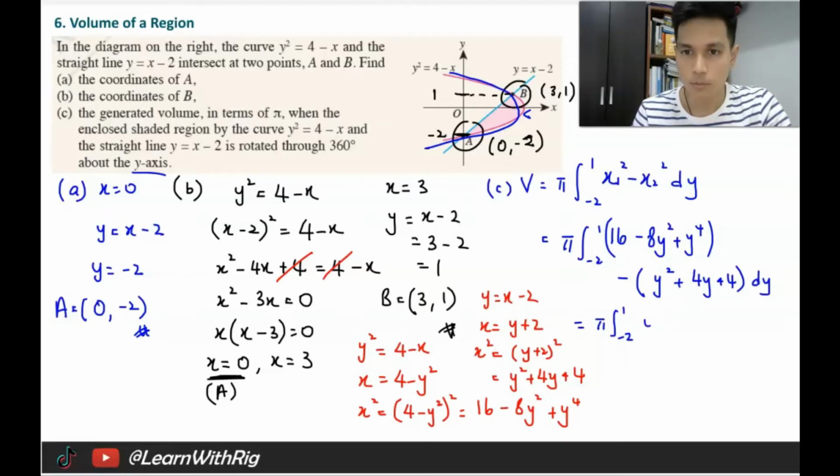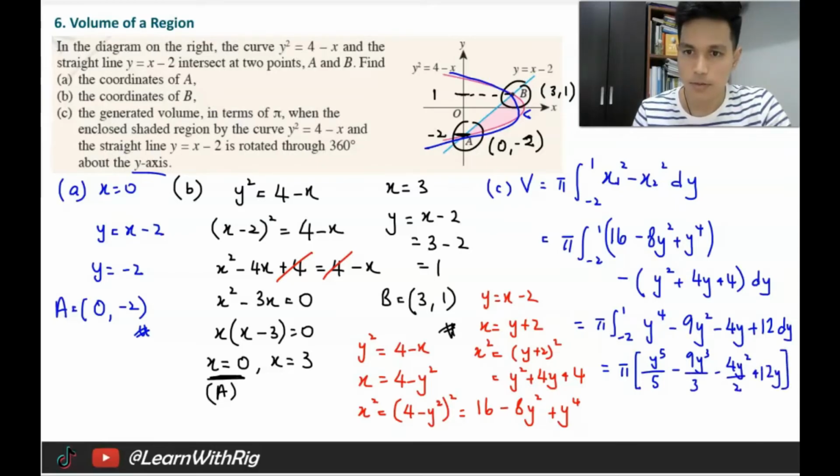You get y to the power 4, then negative 8y squared minus y squared, you get negative 9y squared. Then negative 4y, and 16 minus 4, you get 12. So y to the power 4 minus 9y squared minus 4y plus 12, dy. Now you can integrate: y to the power 5 over 5 minus 9y cubed over 3 minus 4y squared over 2 plus 12y.